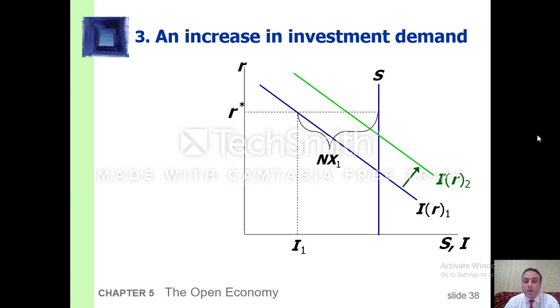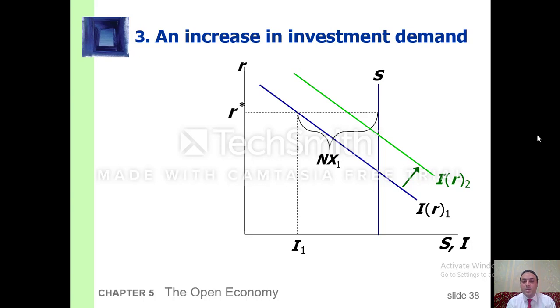Okay, when the demand for investment in this curve, as you can see, changes to the right, the demand for investment increases. Now we are not talking about the amount of investment determined by the world interest rates.